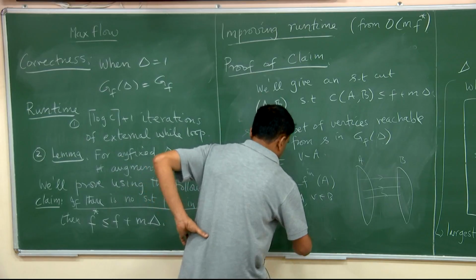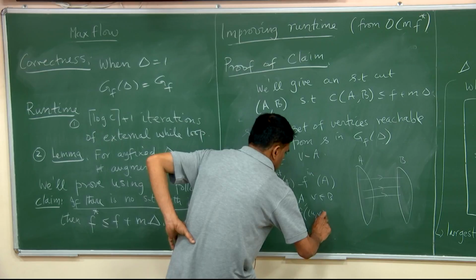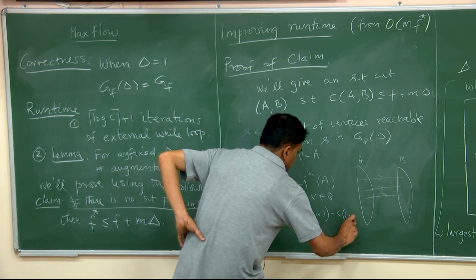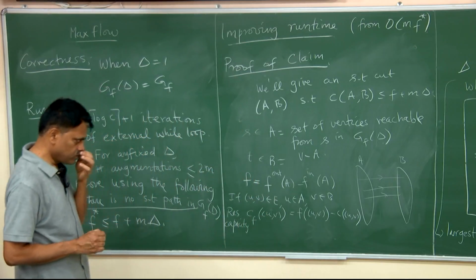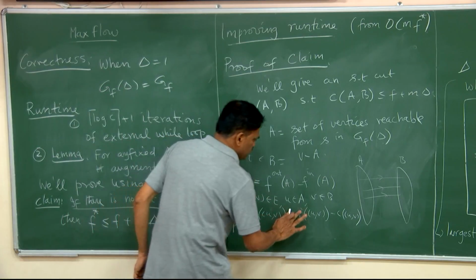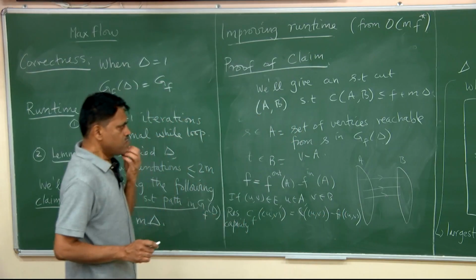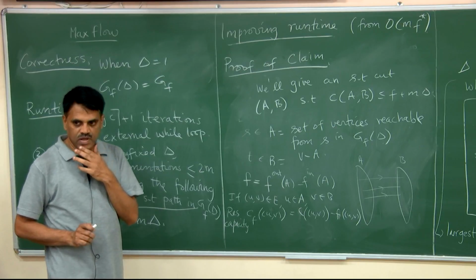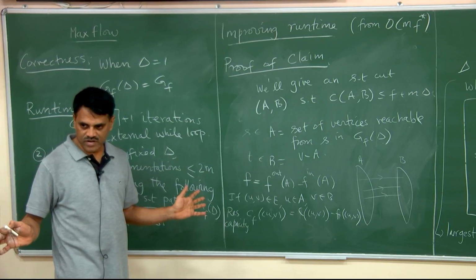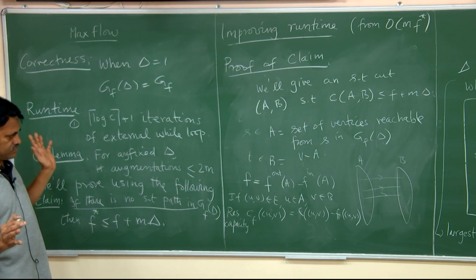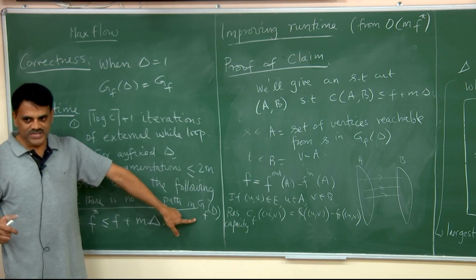This is the capacity minus its flow, but we know something about it. In? From A to B. In where? In which graph? In GF delta. Yeah, because that's where there is no ST path.